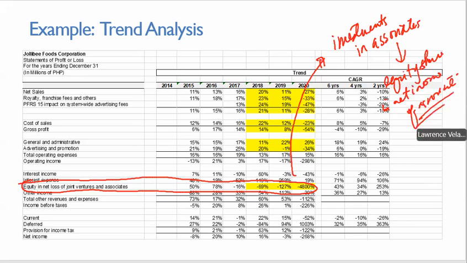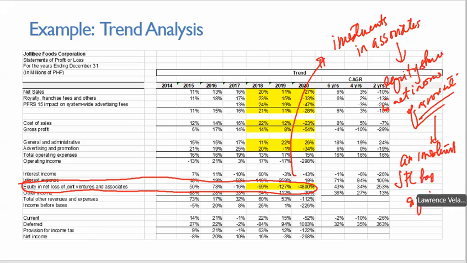Okay? And an associate is an investment wherein Jollibee has significant influence over the entity. Okay? And if you see these numbers, it means pababa ng pababa ng pababa ang equity share in net income of the associate.